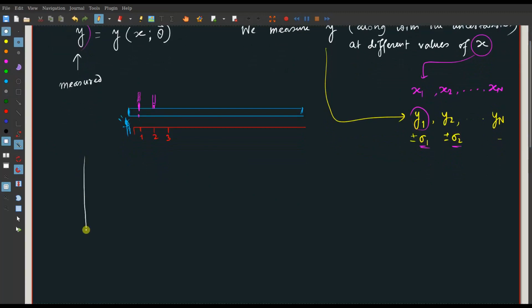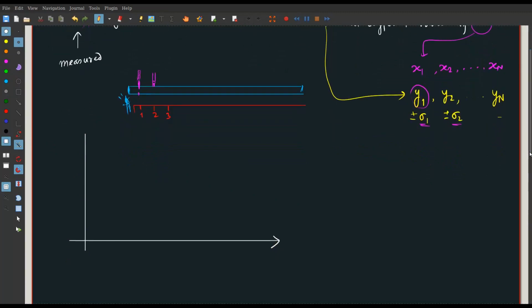So suppose this is your x, and this is your y, and at different values of x. Suppose this is at x equals x1, and you denote the data as y1 plus minus sigma 1.